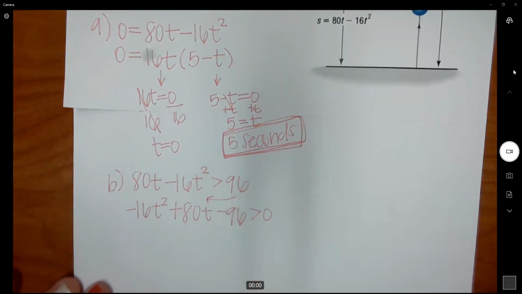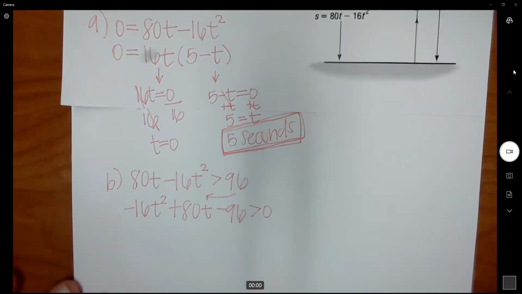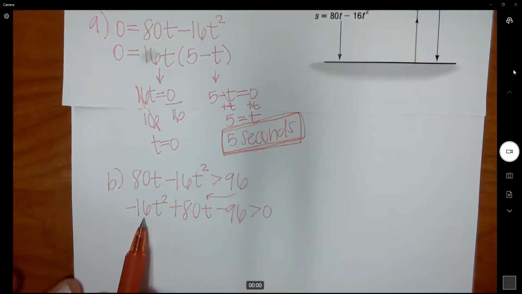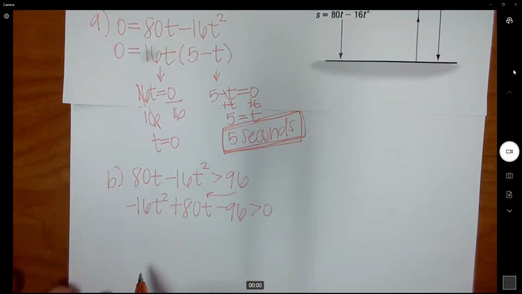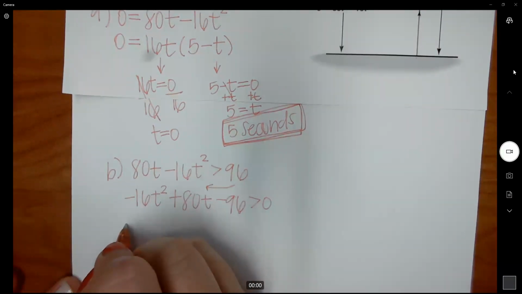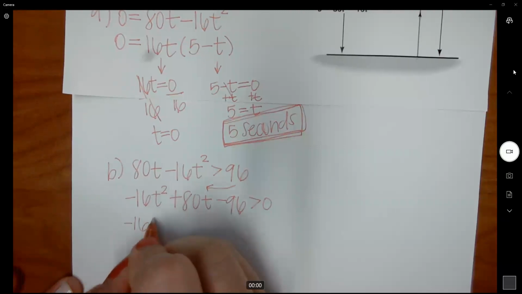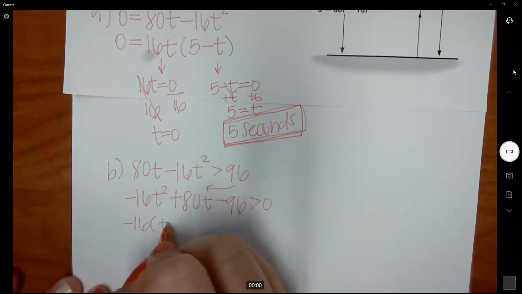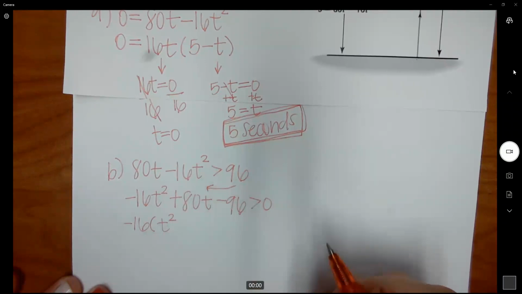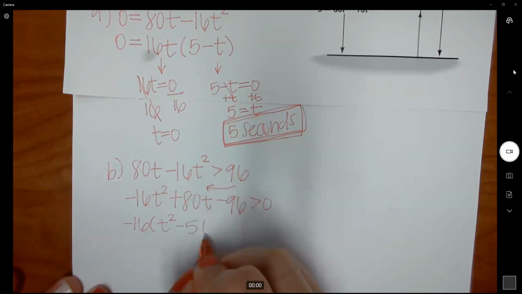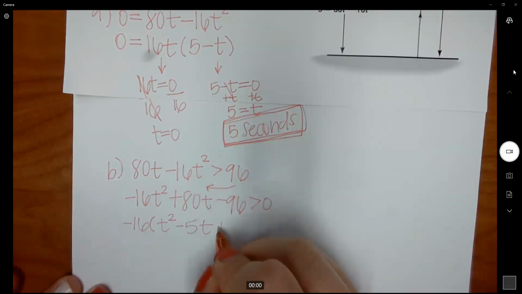Look for your GCF here, and I do have a GCF of 16 again. And this time, because I rearranged it, I do want my leading one to be positive. So we get negative 16 is my GCF, which leaves me with positive t squared minus 5t plus 6.